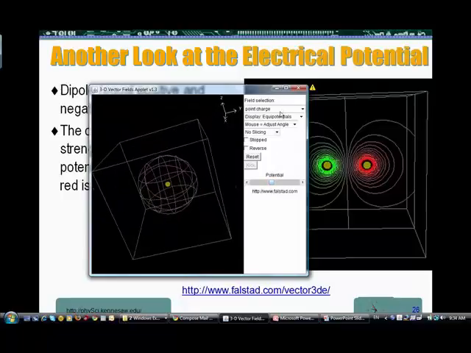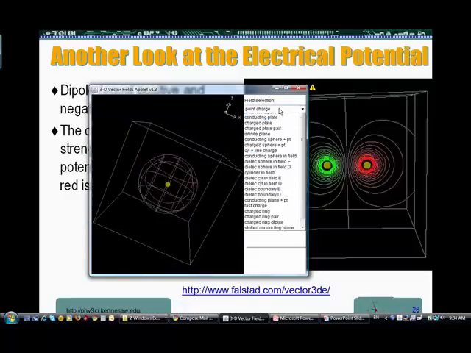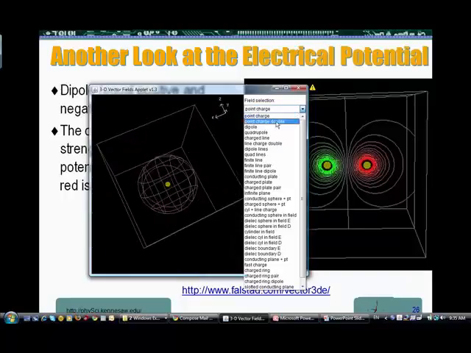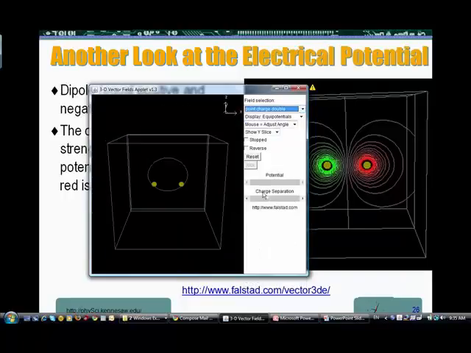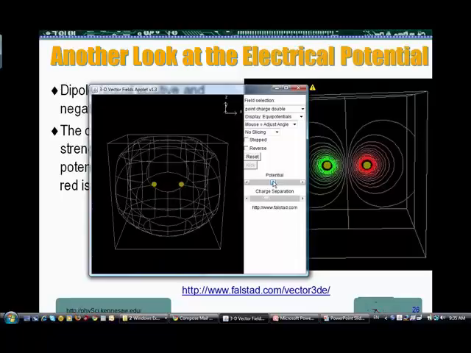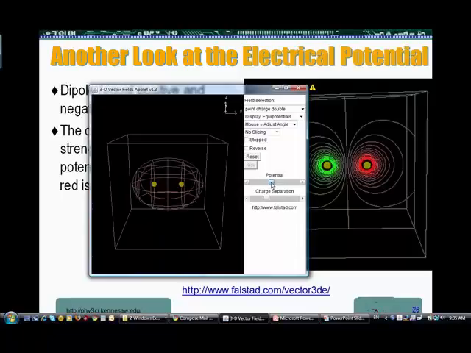Now, if we have two identical charges instead of two opposite charges, then the electrical potential has this kind of shape. The equipotential surfaces take this kind of shape.